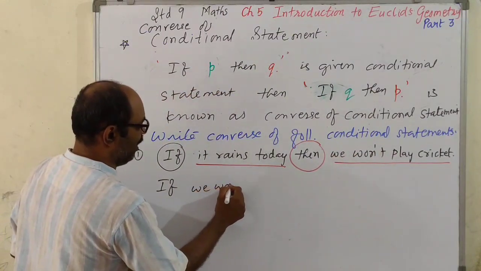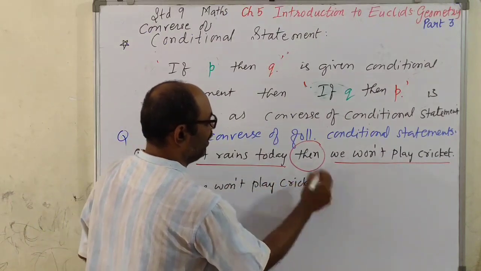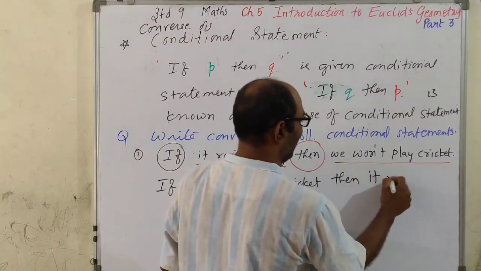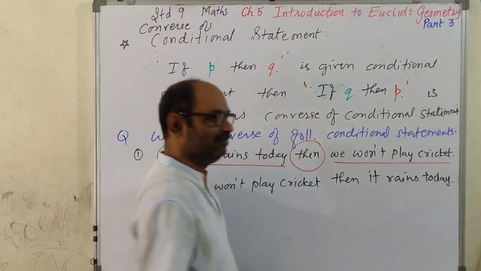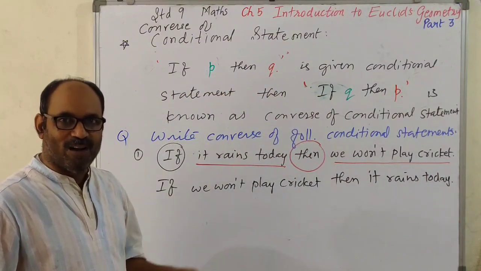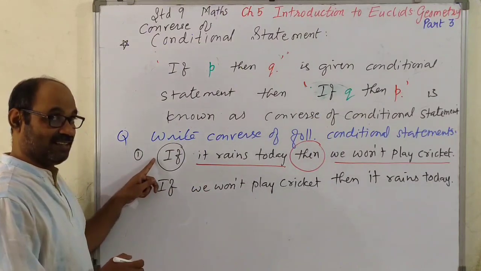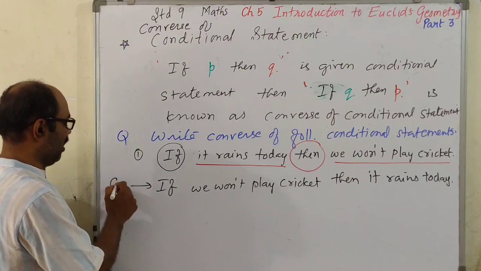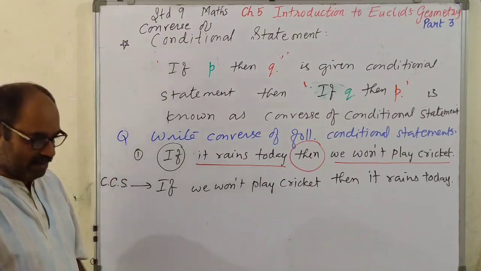If we want to play cricket, then it rains today. The statement may be true or false. That doesn't matter. But this is conditional statement and this one is its converse. Converse conditional statement. Okay?